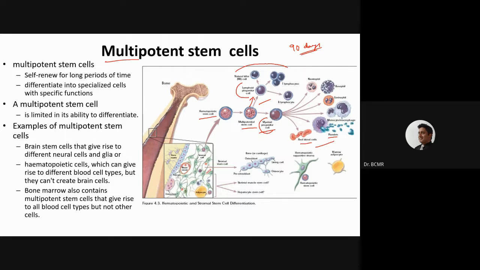The same way, you also have the stromal stem cell, which will give rise to different cell types of the bone. Okay. And brain stem cells are also thought to be there, but they're not as prevalent, or people have difficulty understanding or trying to know if there is a function of brain stem cells in an adult human.